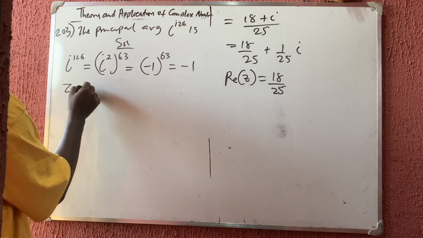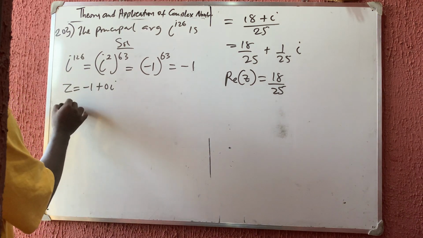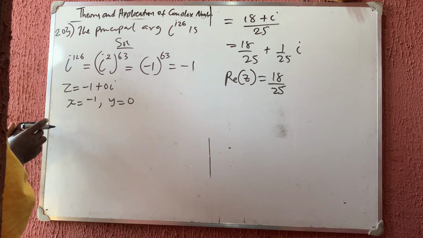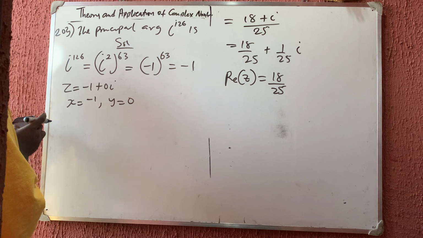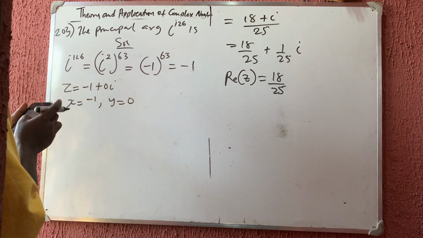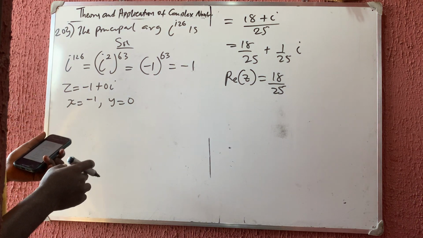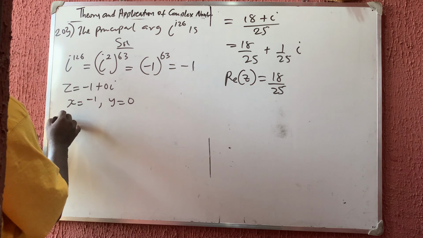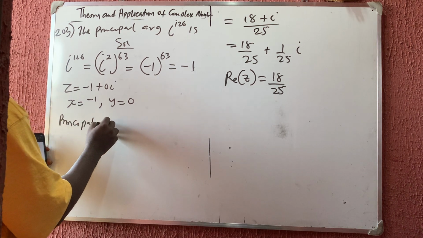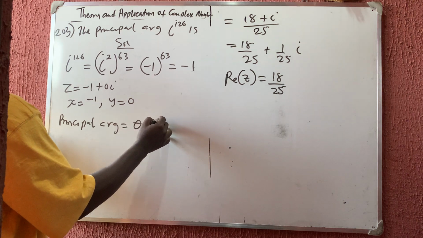So z is equal to minus 1 plus 0i, which shows that x is equal to minus 1 and y is equal to 0. So in principal argument, whenever x is negative and y is 0, the principal argument is equal to theta plus pi.